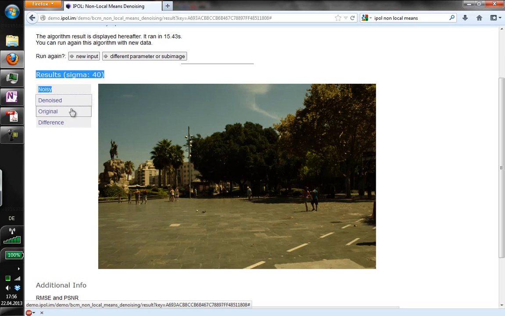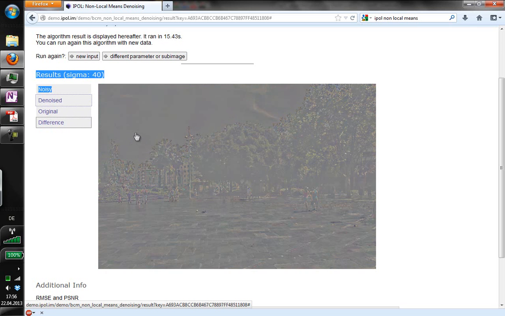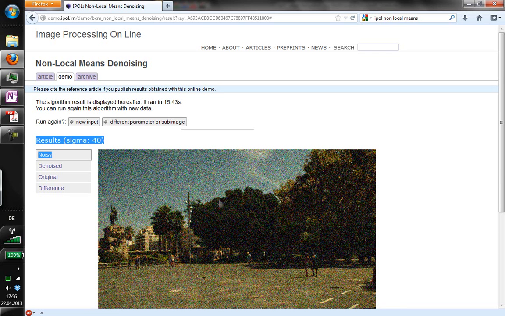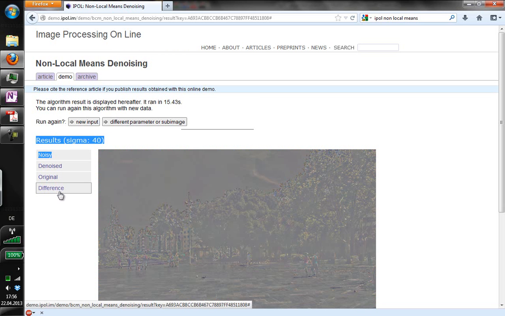In particular, in the original image, we have a lot of distinct structure at the silhouette of these trees, with lots of different angles, and these are areas that come out strongly in this difference image.